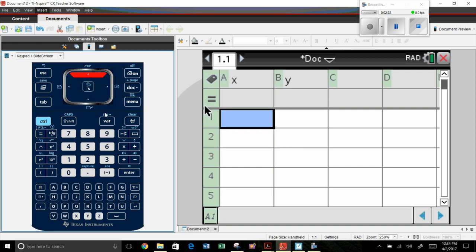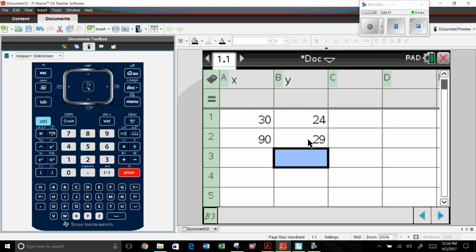My X values were 30. The next X was 90. Then we're going to go to our Y values. My first Y was 24. My second Y was 29. Let's just verify that. 30, 24, 90, 29. Okay, so we're ready to go.